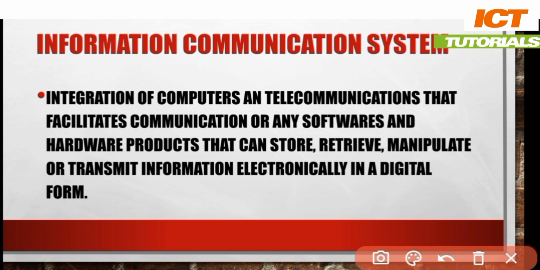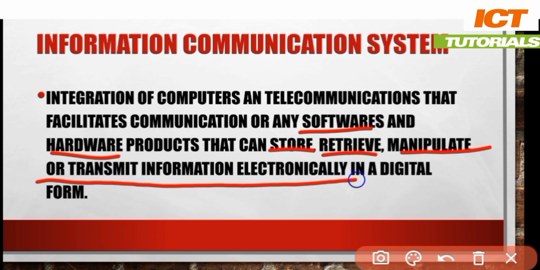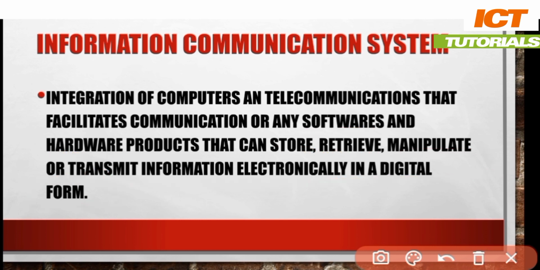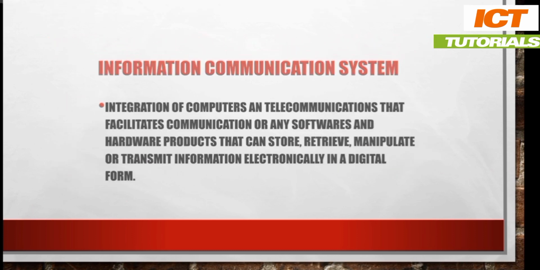We come to the definition of these terms and we come to understand what they are if you are a beginner. So if you are asked to define information communication technology, that's all about information communication technology.